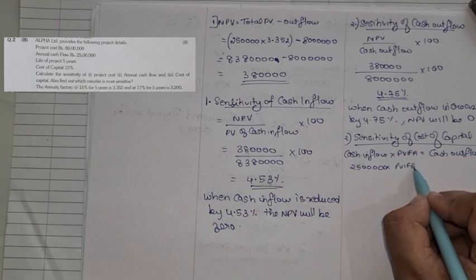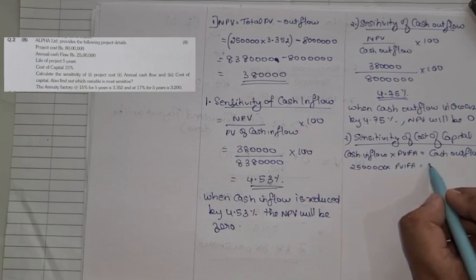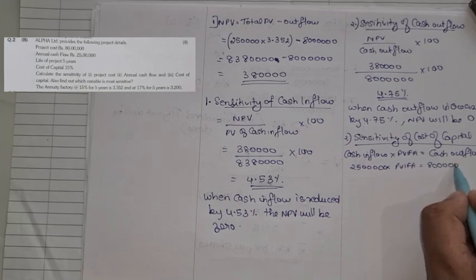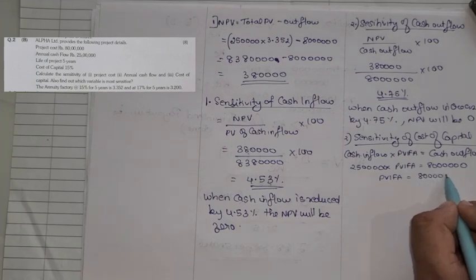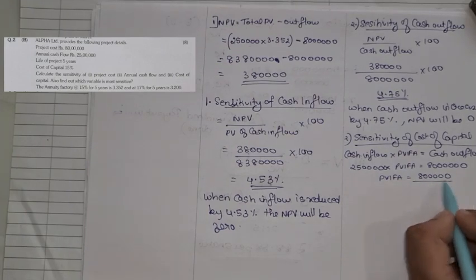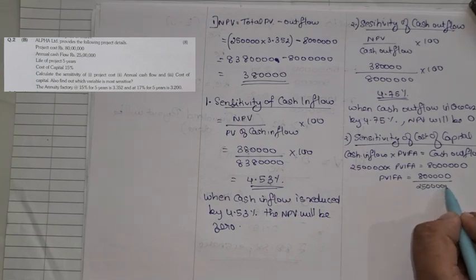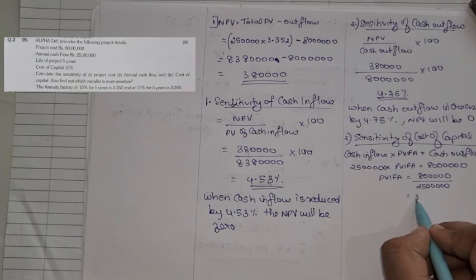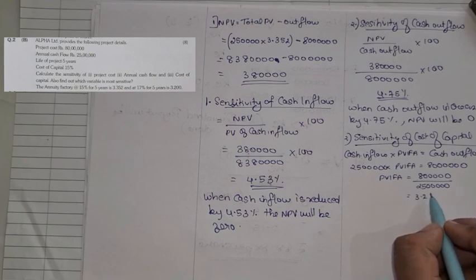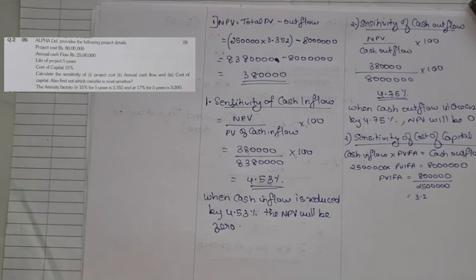We are trying to find the PV factor, so your present value factor will become 80 lakhs divided by 25 lakhs, which comes to 3.2.